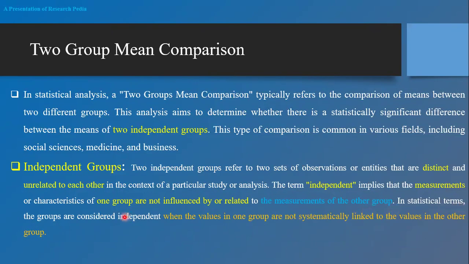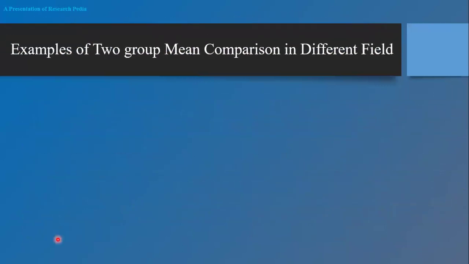In statistical terms, the groups are considered independent when the values in one group are not systematically linked to the values of the other group. So always remember the values of both groups are independent of each other. They do not depend on each other. That is why they are called independent groups.